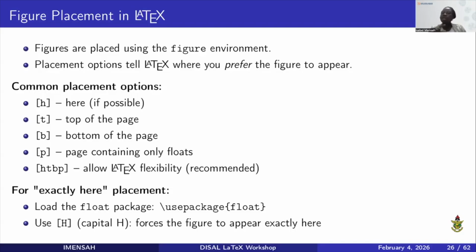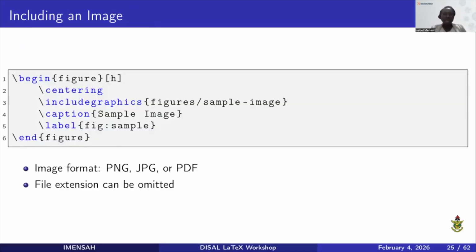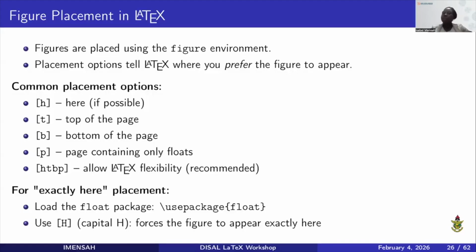When you define the environment and you include your graphics and you include H, you are saying that the figure should appear here if it's possible. So if it checks the alignment, you check the space, and the image can fit there, you are telling LaTeX to put the image there.